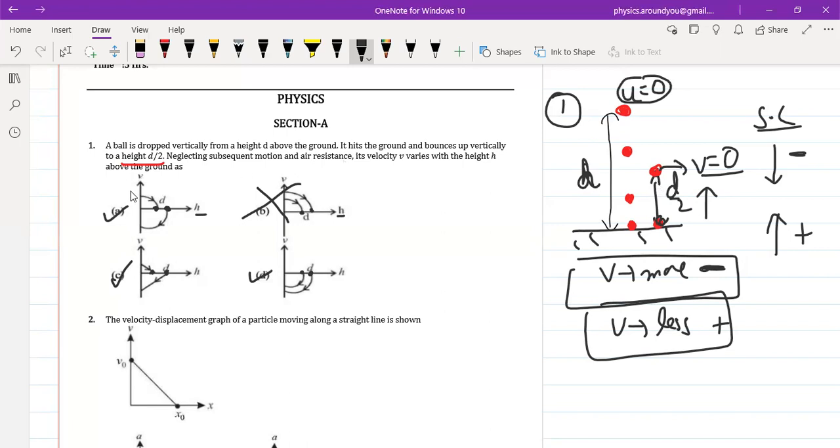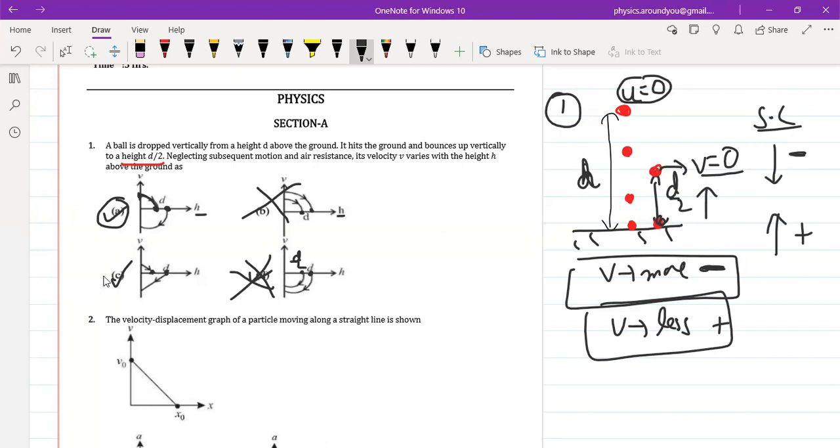As it reaches d by 2, it should become less and less positive because it is reaching a stop. So at d by 2, velocity is 0. This seems correct. But this one says from d by 2 again, velocity is negative. Velocity can't be negative because our ball is actually going up. So D is ruled out.